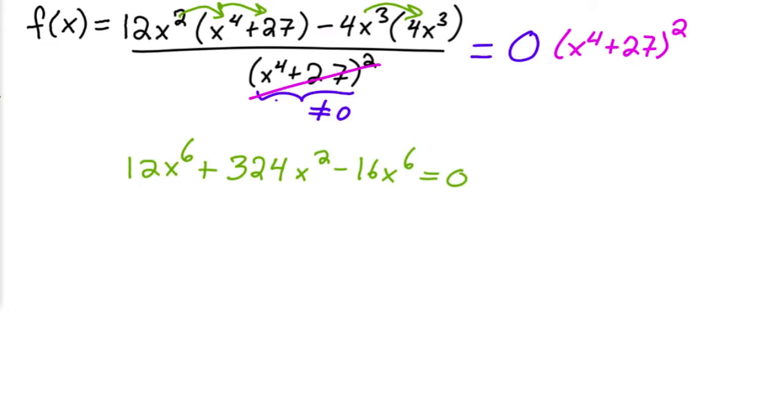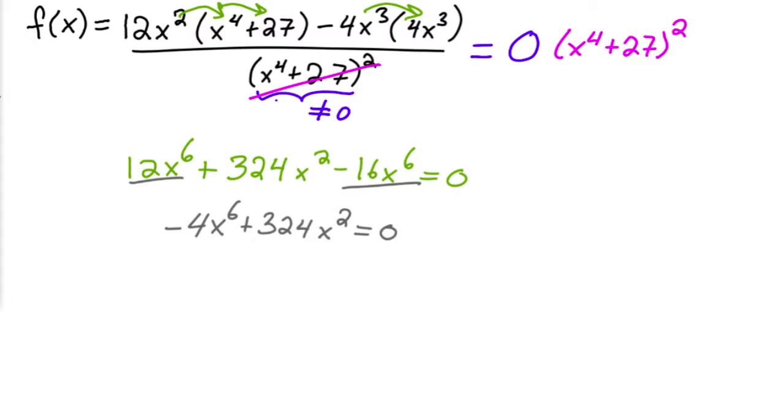So I'll combine these two. That'll give me negative 4x to the sixth plus 324x squared equal to 0.